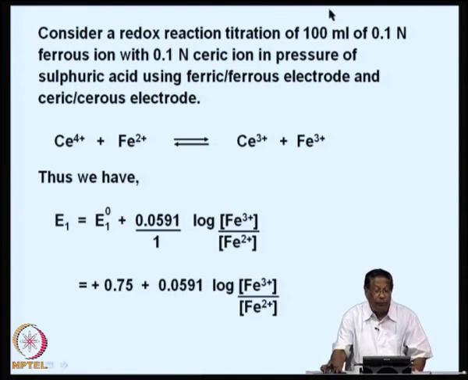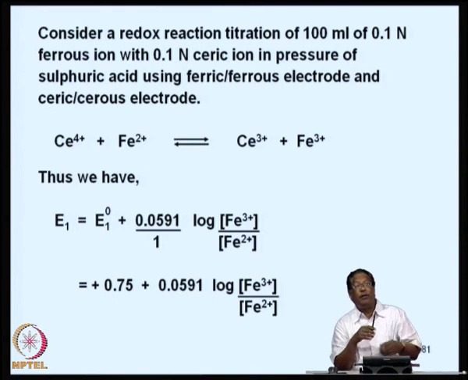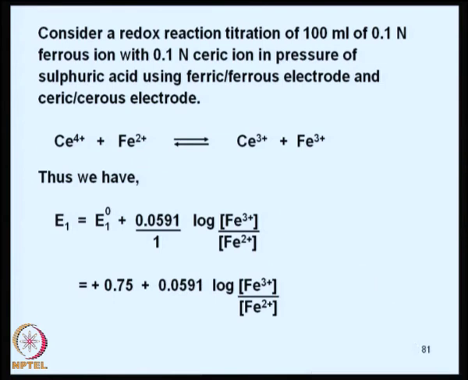So, the concentration of ferrous at the equivalence point, without actually measuring, just by continuing the reaction, I can calculate it to be 10 raised to minus 15 molar. That is a beautiful thing, a wonderful way of determining the concentration of a substance which you cannot see.